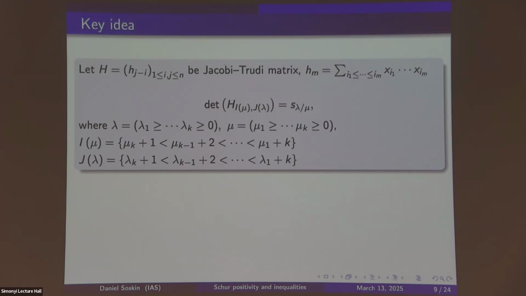And what's the technique they used? Let's recall that we can write the Schur functions as determinants of some submatrices of the Jacobi-Trudi matrix given by that rule. Basically all these inequalities we can write as inequalities between products of two minors of the Jacobi-Trudi matrix.